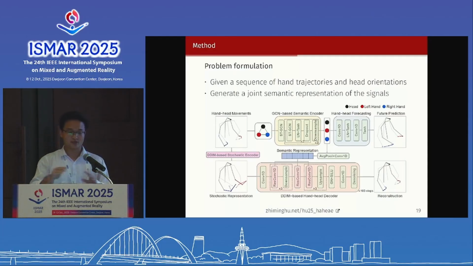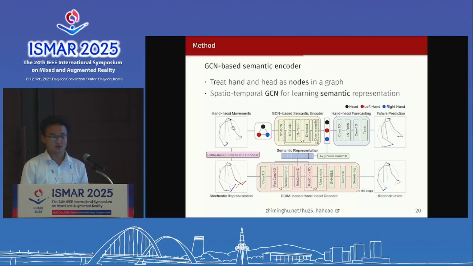The problem formulation is that given a sequence of hand trajectories and head orientations in the XR environment, we want to have a joint semantic representation of those signals. To this end, first of all, we use a GCN, graph convolutional network, based semantic encoder that takes the hand trajectory and head orientations as input to learn the semantic representation from those hand-head signals.